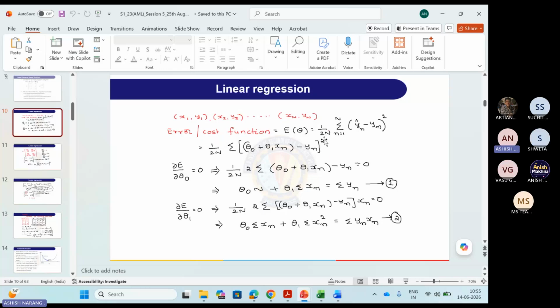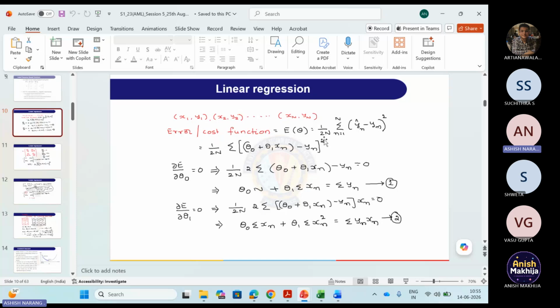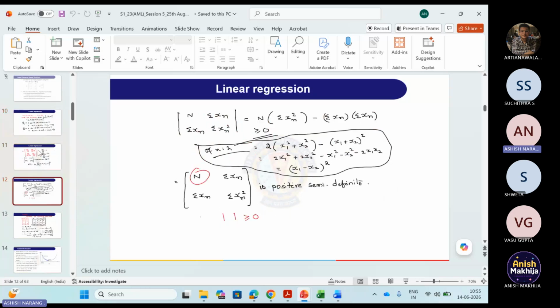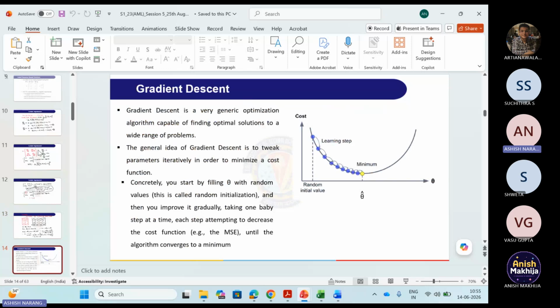When you plot it for different values, it comes in the form of a bowl-shaped curve. It has only one minima point, denoted by this yellow line. Our objective is to find this minima, because my objective is to minimize this error function.